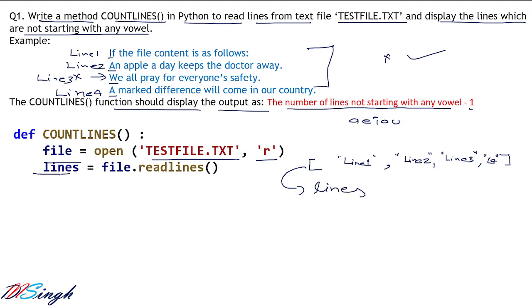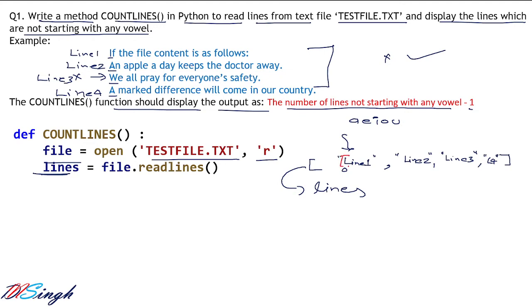which we have declared here. Once we get this one, we can iterate over the elements of the list using a simple for loop. And what is the element? Element is itself a single line of the file where starting index is 0. So we will get the first letter of each line.